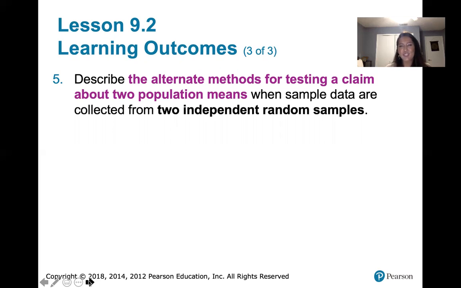We don't actually work any examples, but I want you to be aware of what's out there and what methods are appropriate and available to you should you ever need them. And that's what that video associated with learning outcome number 5 is about.